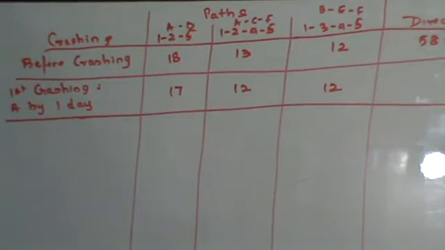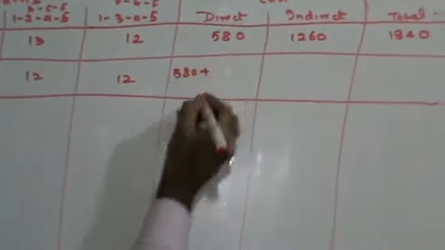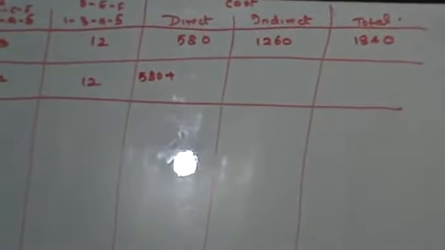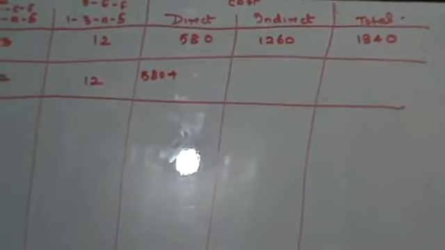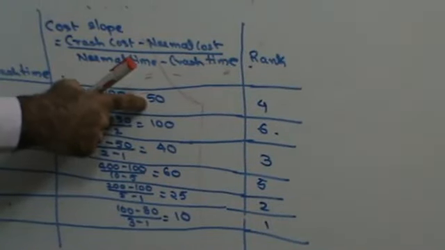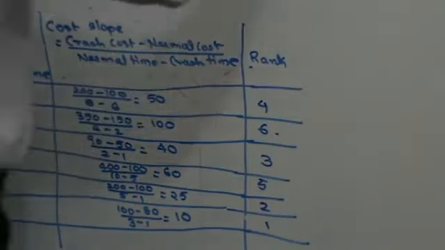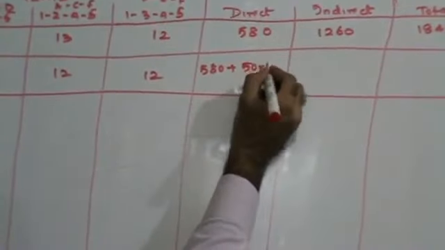Now to reduce 1 day, what is my direct cost going to be? My direct cost was 580 rupees. Now look at the cost slope of A. The cost slope of A, guys, is 50 rupees. That means to crash A by 1 day, it is going to cost me 50 rupees. So my direct cost will be whatever was my direct cost plus 50 into 1, because I'm crashing it by 1 day.